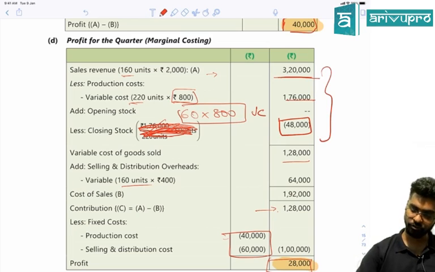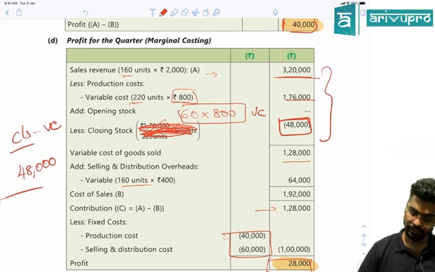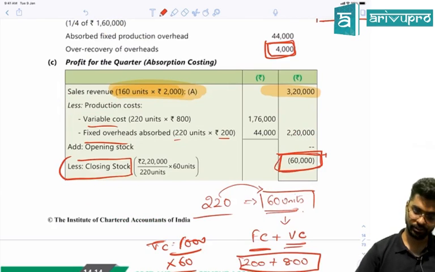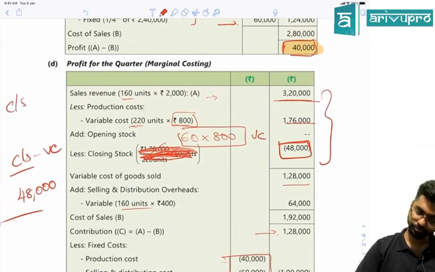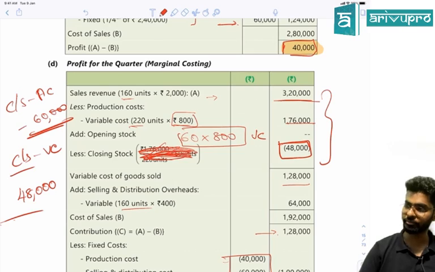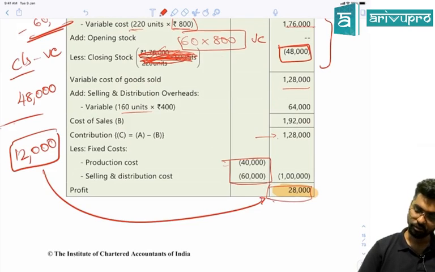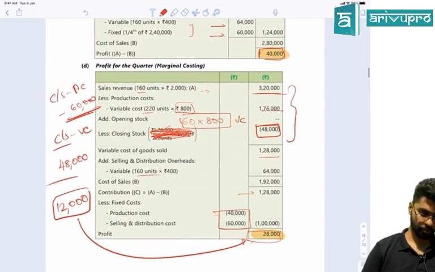Everyone check the value of the closing stock. The closing stock under marginal costing is 48,000. Why? Because it has only variable cost. See the closing stock value here, 60,000. What's the difference between both of them? It is 12,000. This 12,000 will be the profit difference between marginal and absorption costing.